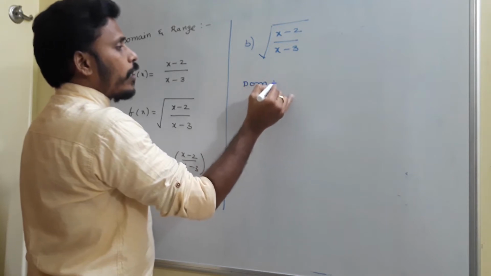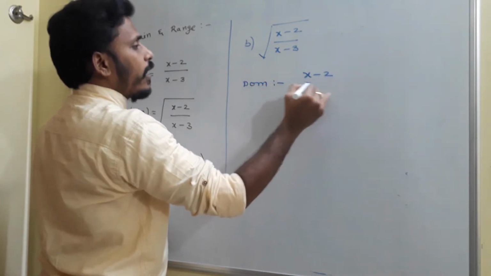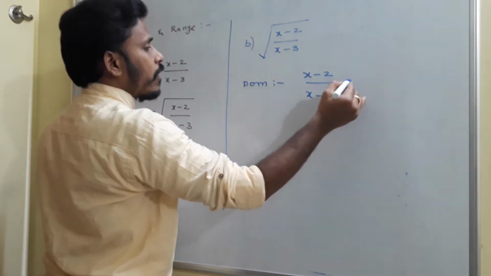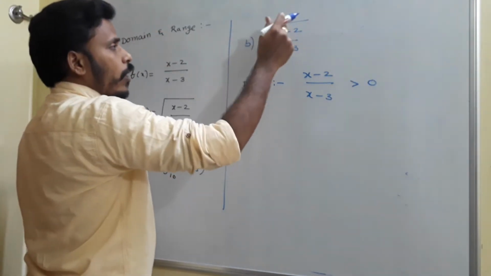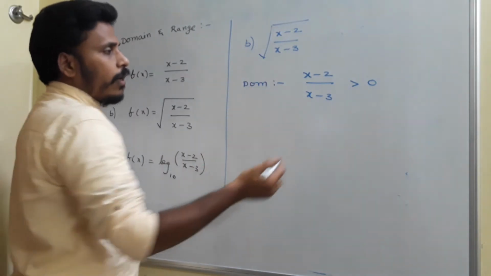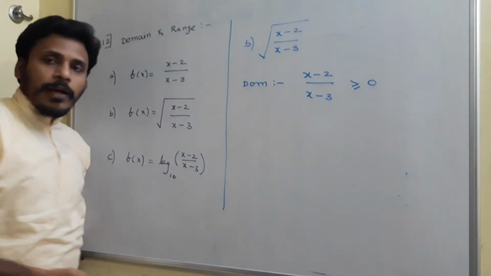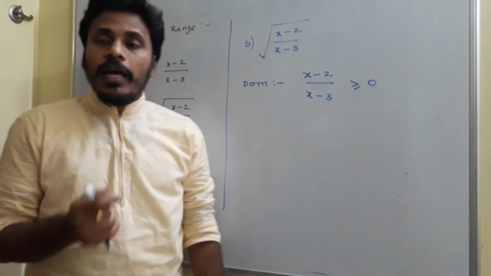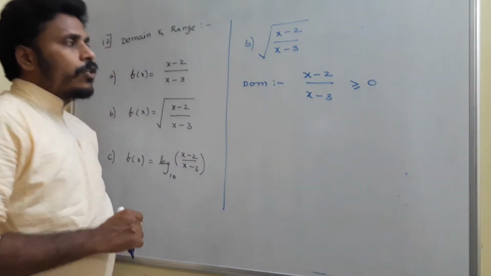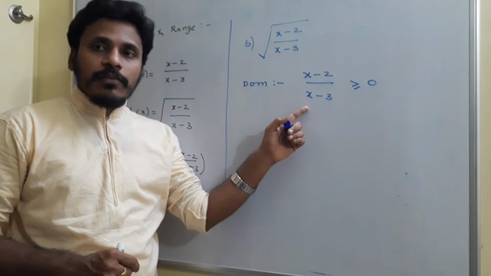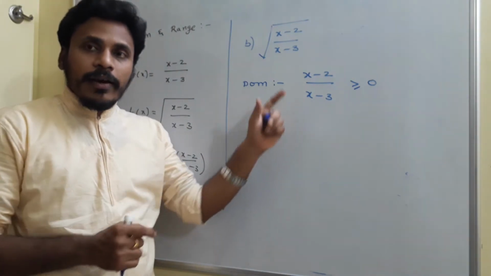So for the domain, (x-2)/(x-3) should be greater than 0. And under the square root, if it is 0, no problem, right? That's why you need to take (x-2)/(x-3) greater than or equal to 0.